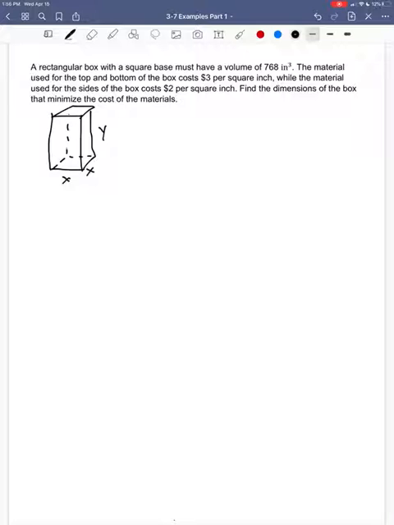And now we're supposed to try to find the cost of the materials. So we have a top, we have a bottom, and we have the sides. So for those costs, the top looks like this, right? It's x by x. So it has an area, but then it also has a cost.